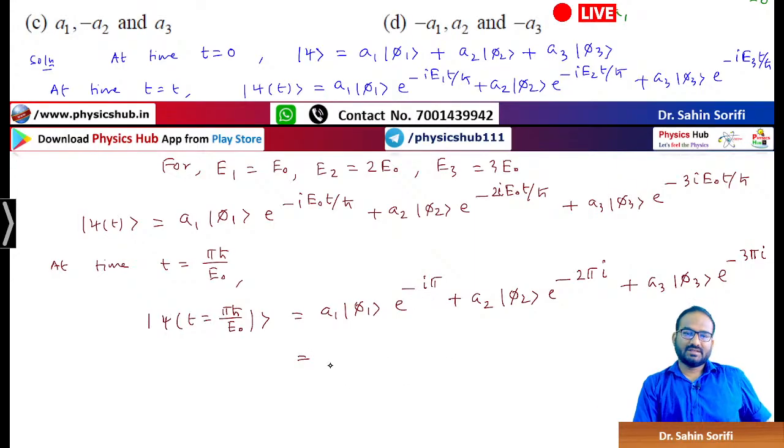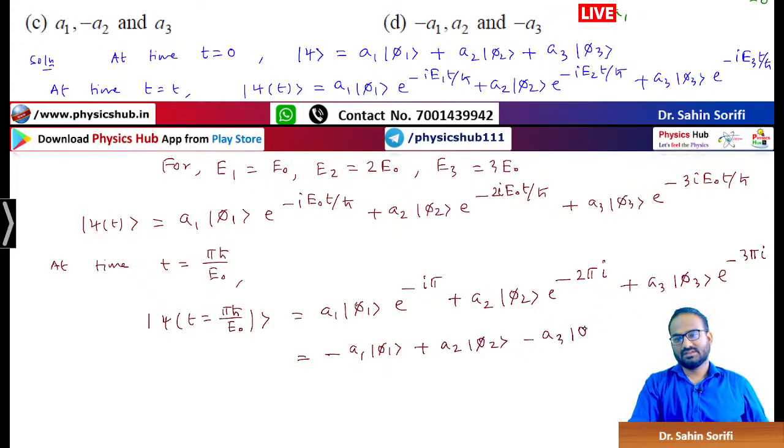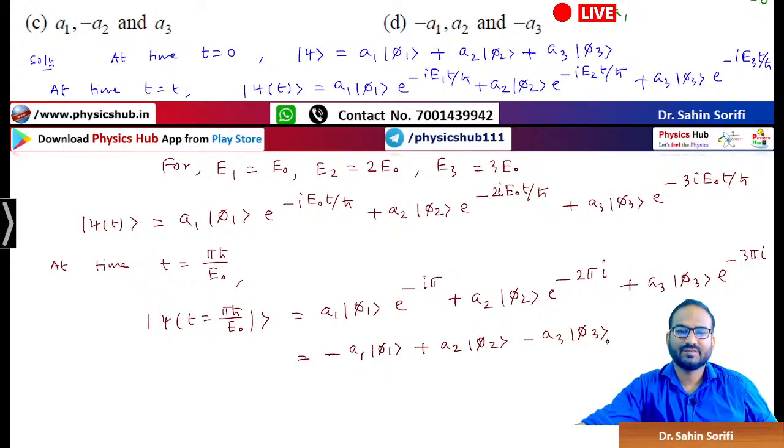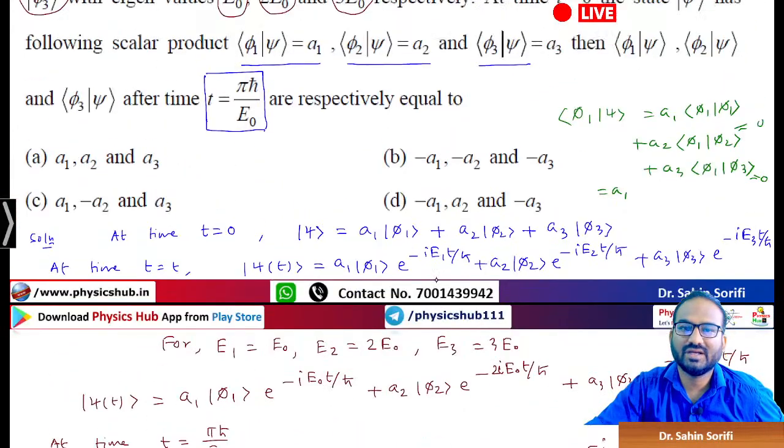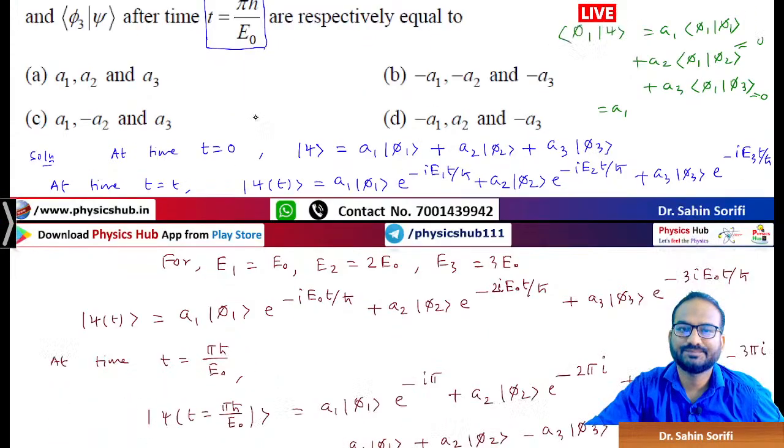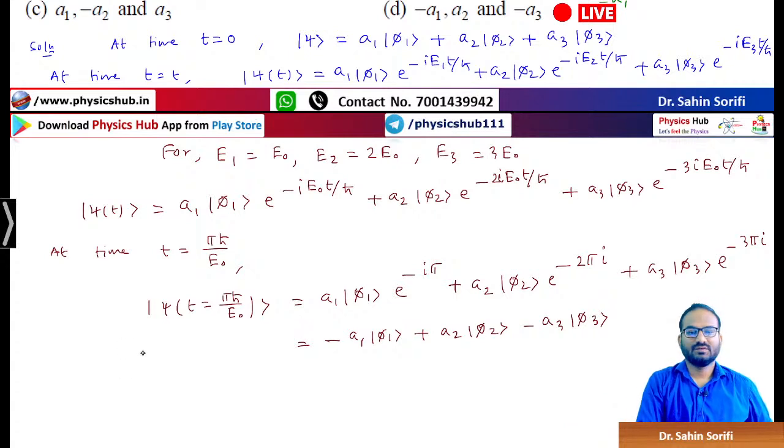e to the power minus i pi is minus 1, so minus A1 phi 1, plus A2 phi 2, and since this is minus 3 pi, it is again minus A3 phi 3. So what will be the products after this time?